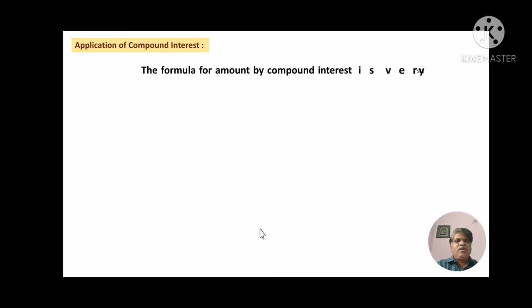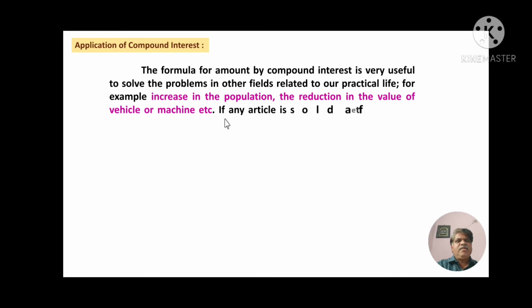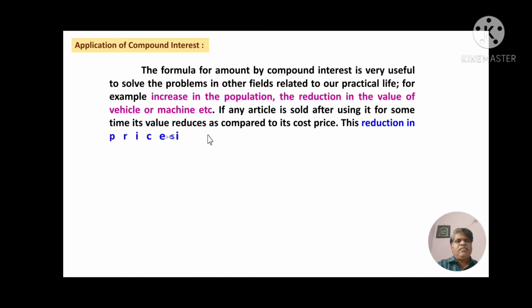The formula for amount by compound interest is very useful to solve problems in other fields related to our practical life, for example, increase in population, or the reduction in the value of a vehicle or machine. If any article is sold after using it for some time, its value reduces compared to its cost price. This reduction in price is nothing but depreciation.